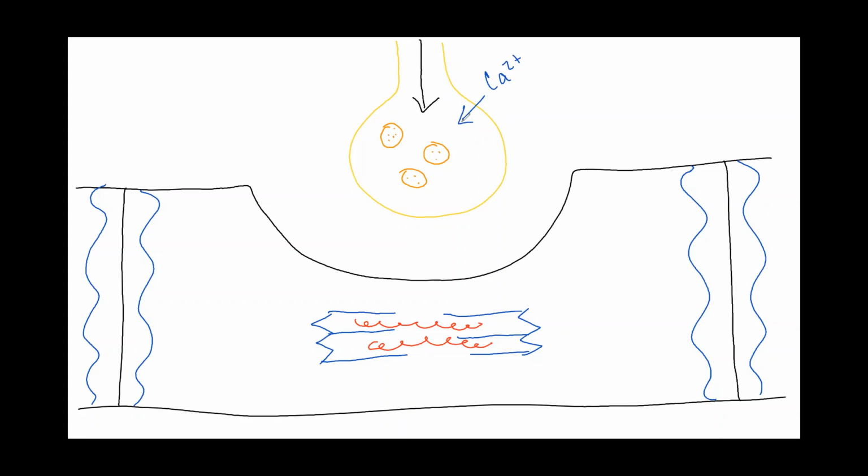Calcium's going to rush in. Told you that anytime you change the amount of calcium inside of a cell, something's going to happen. In this case, synaptic vesicles migrate towards the end of that axon. They fuse and they release their contents through exocytosis. Remember, it's like a bubble popping. Now remember, we do have acetylcholine receptors on that motor end plate.